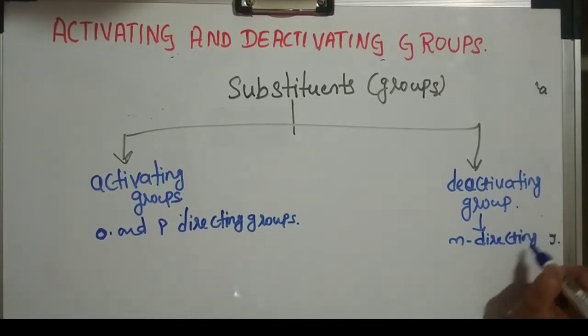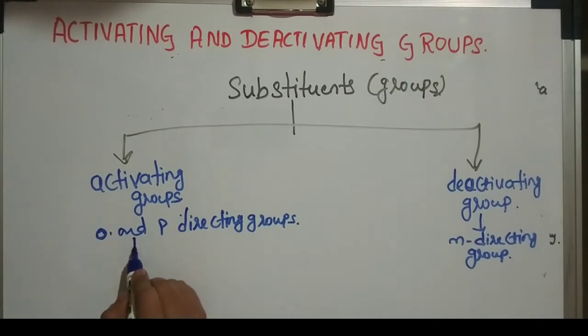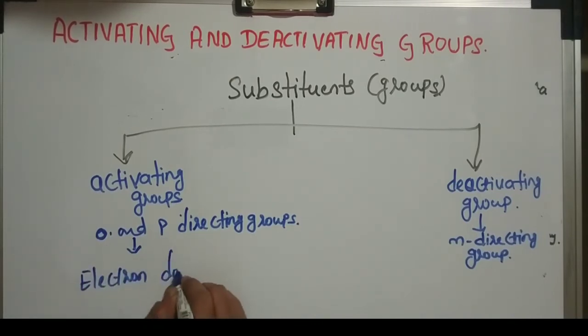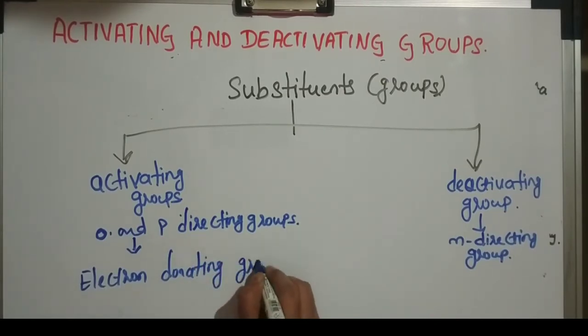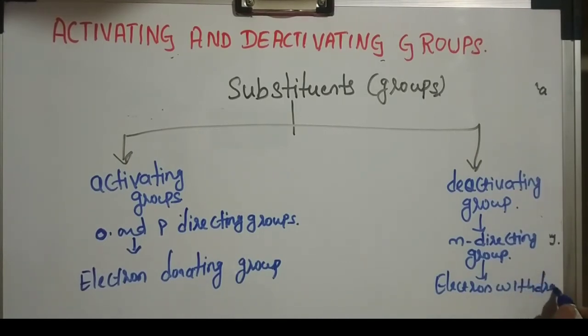Another name for this is that activating groups are also known as electron donating groups, and obviously the others will be electron withdrawing groups.